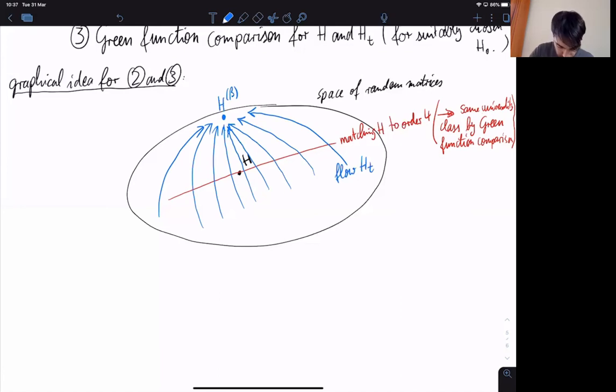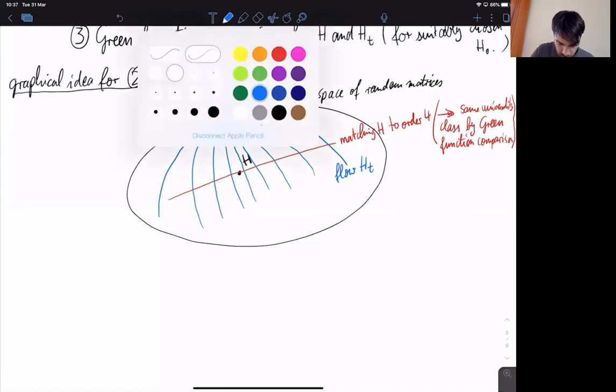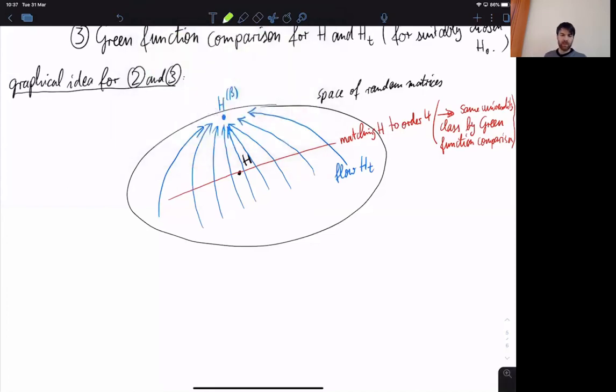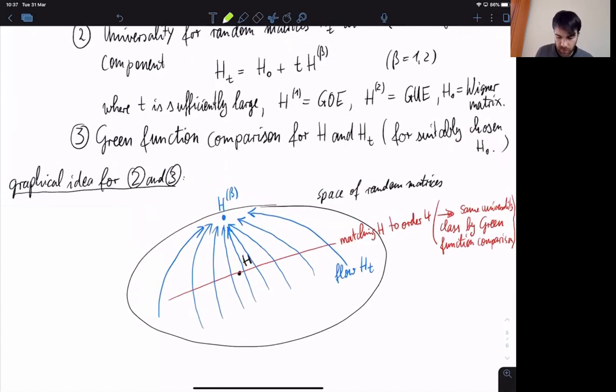Now the idea would be that if we can construct a nice matrix H0 such that we get close to this, such that the flow runs for a little bit of time, so that by the second step we get universality. So we choose an H0 here such that if we run it for some time t, then we get universality for such a matrix, and then we are already close to H. So that's the idea that we have.